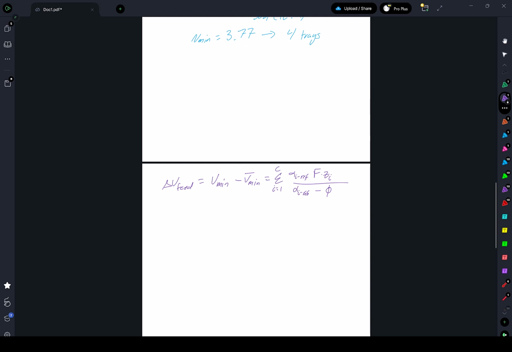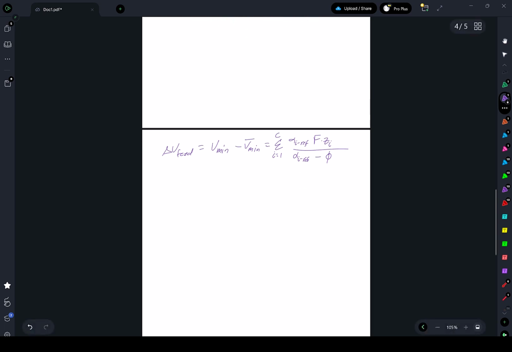If it was a two-phase feed, this would not be true. It would also be different if it was a subcooled liquid, because the subcooled liquid would cause a change in vapor flow rates, since some of the vapor from the stripping section would condense out to heat up the subcooled feed, as we discussed in class. So this is all just going to be equal to 0.